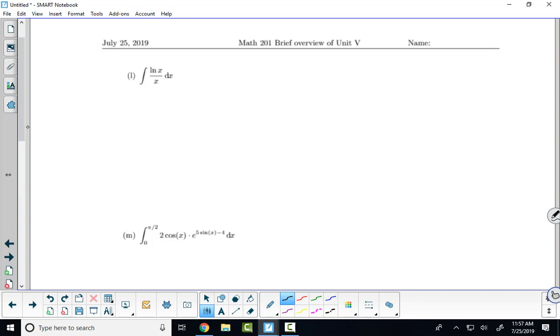All right. This one requires a little bit more of an eye. Let's first rewrite it, because I already know what the answer is. Let's rewrite this as the natural log of x times 1 over x dx. Now it looks a little bit easier on the eye, right?